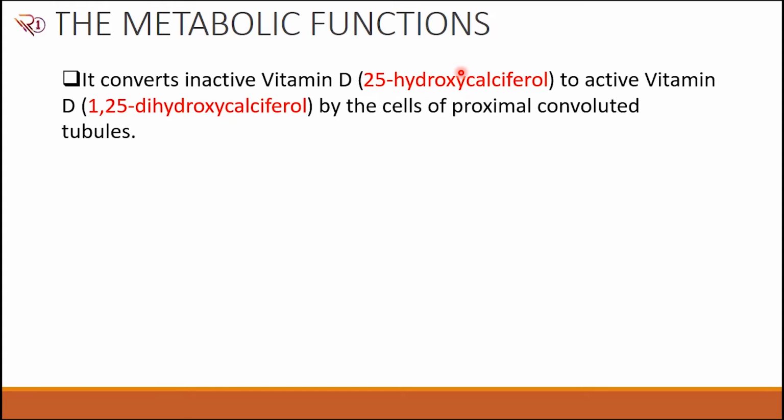As we know, this inactive form is produced by the liver at the carbon 25 position, but until it is activated, it cannot perform its functions. And it is the proximal convoluted tubule that activates this inactive form to 1,25-dihydroxycalciferol, and that is how the metabolic function of the kidney is all about.